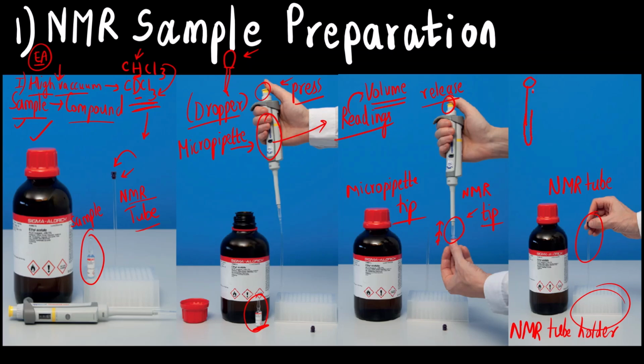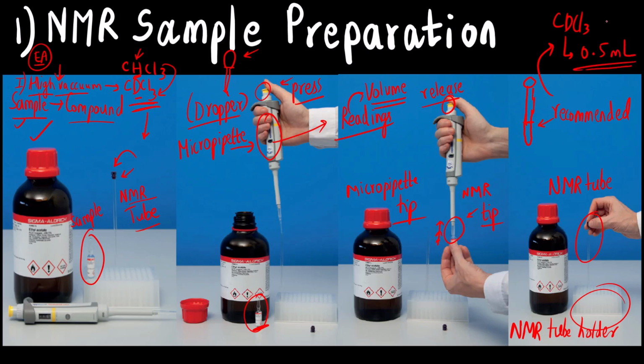So how much sample do you have to fill? There is a desired level of solvent that is recommended. It should not be less than that. So what is the recommended amount of solvent that you have to use? For CDCl3, the recommended amount that you must use is 0.5 ml.